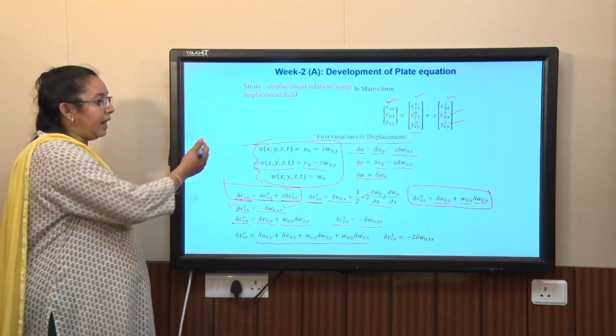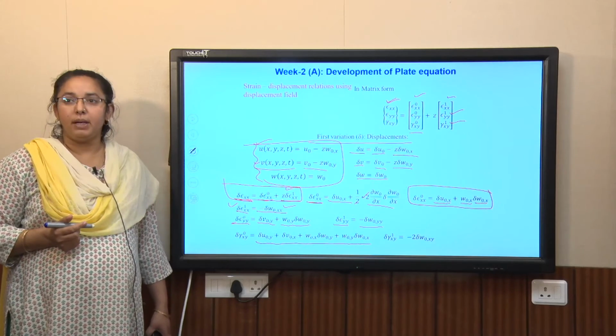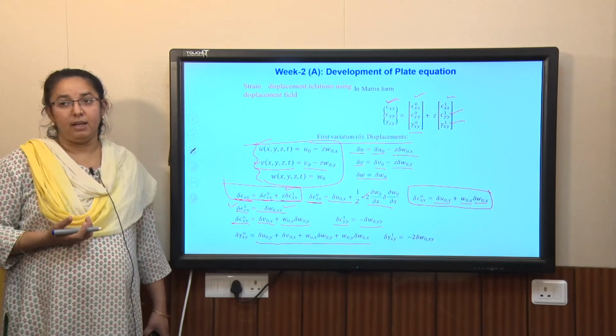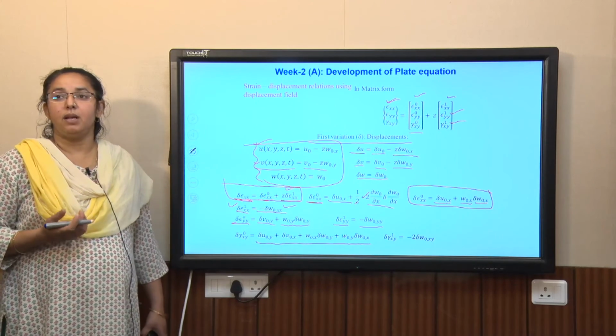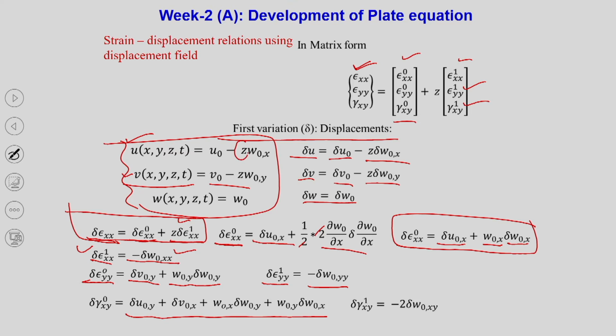Sometimes it looks very easy on the presentation or on the board, but when I actually give you something to solve, to find the variation, it may be difficult. Sometimes people may get confused. You see the z here. Most of the time when I take a class on theory of plates and shells, students ask: you have taken del u of this, which is fine, but z remains the same; you have taken the variation only in this, why not in z?